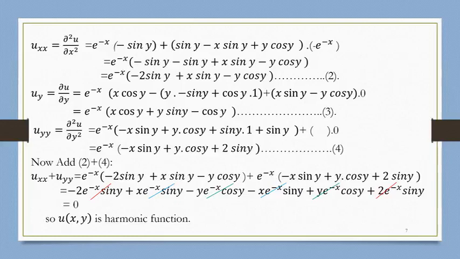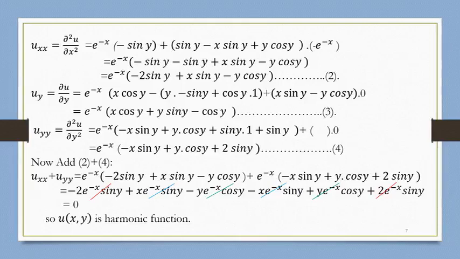Now to apply the Laplace equation condition, we take equation 2 and equation 4 and add them. Because we have u_xx plus u_yy, put here the value of u_xx, e to the minus x times minus 2 sine y plus x sine y minus y cosine y, plus the value of u_yy, the second partial derivative. After that, simplify by multiplying out the terms, and we get this result.